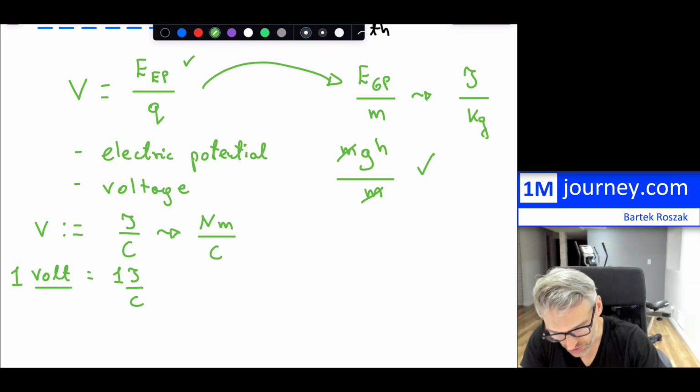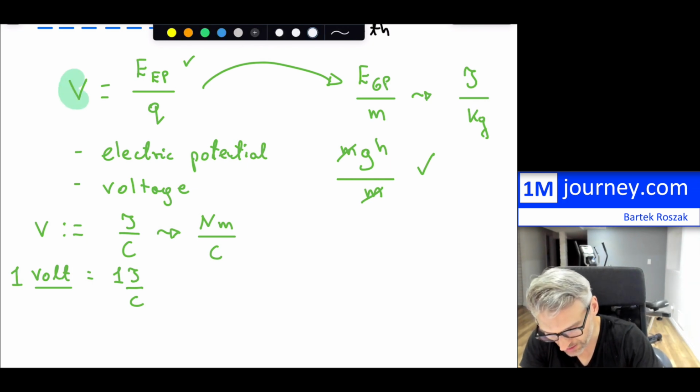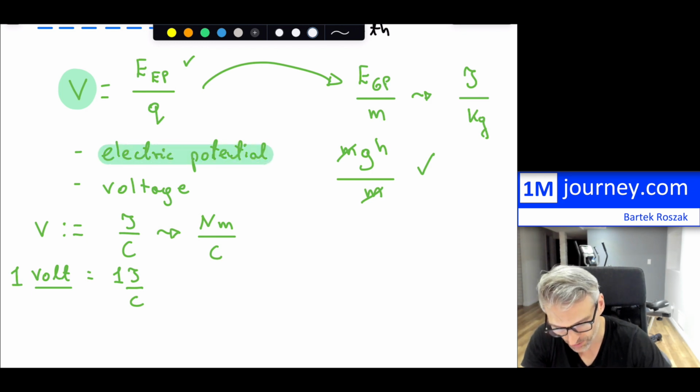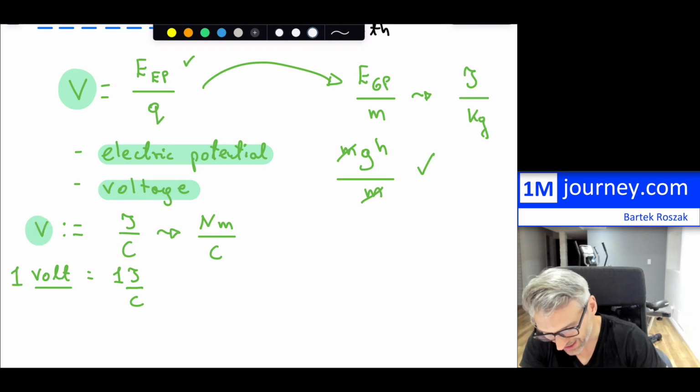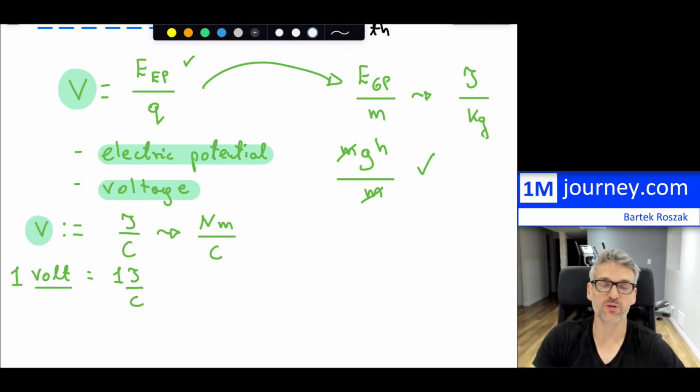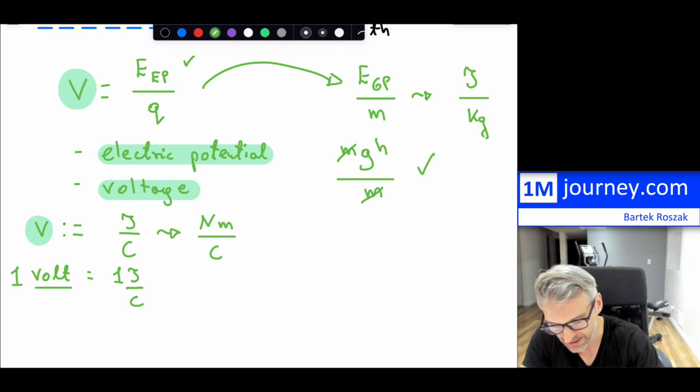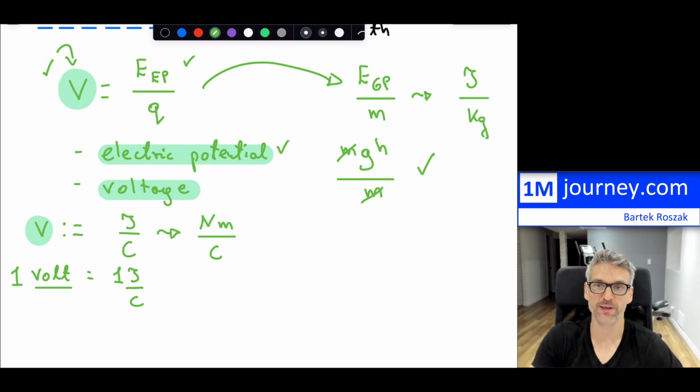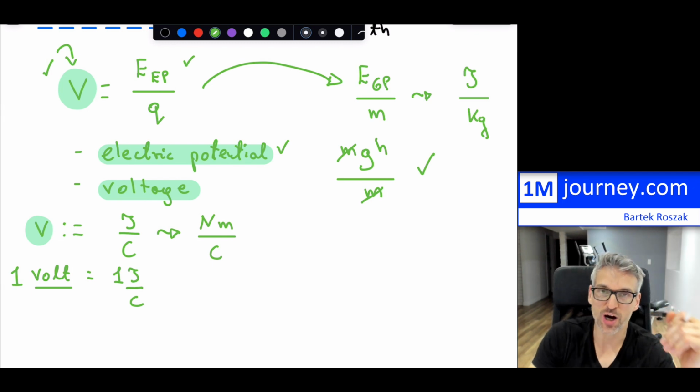Now, I know it's going to be annoying for you because here we have voltage, which we just said is electric potential per charge, and we also use V for volt. But hopefully you can distinguish between the unit and the actual quantity itself. Of course, this is just a quantity, something that we can measure, and it is related to the electric potential. So that is per charge.